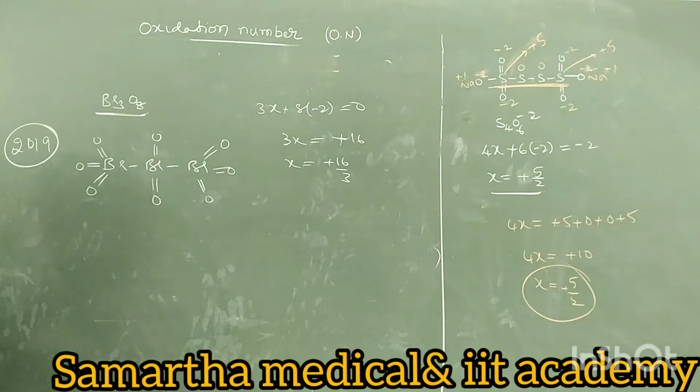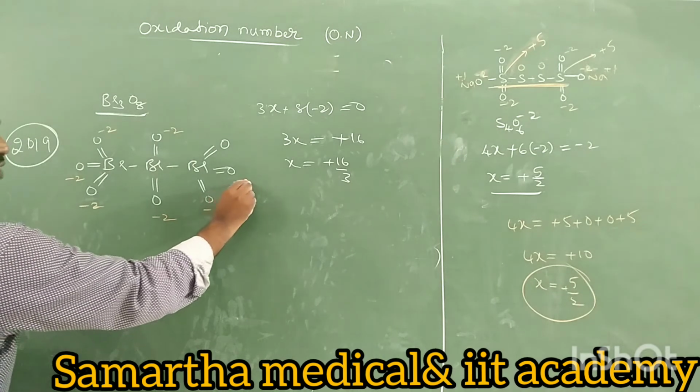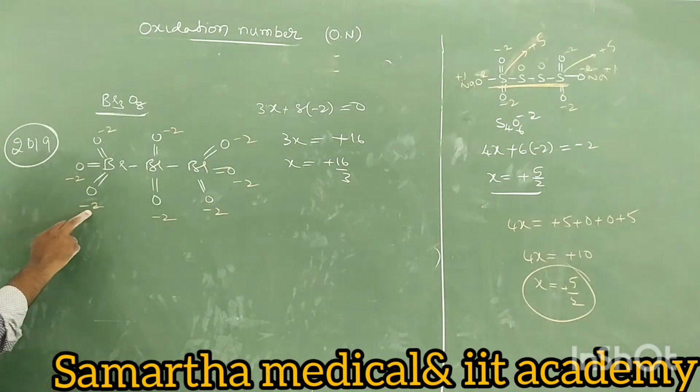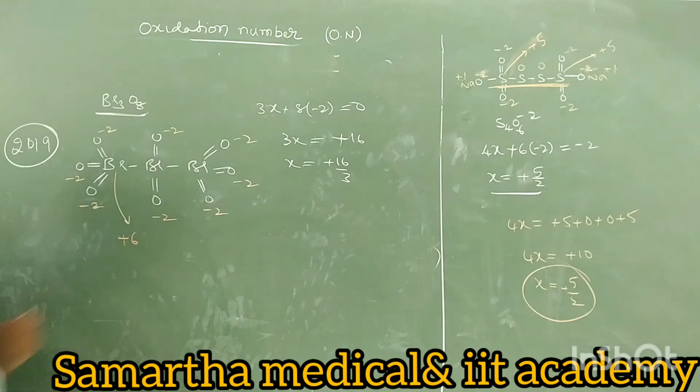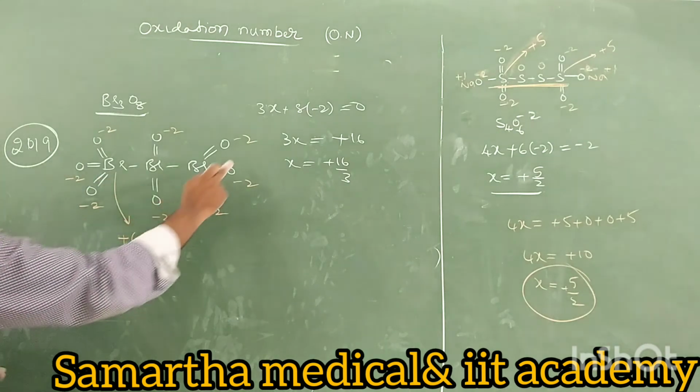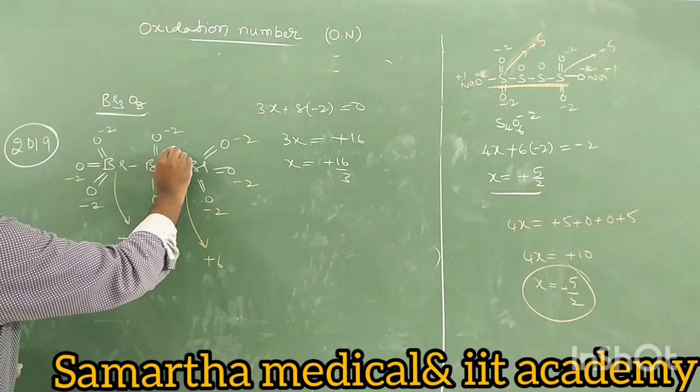Now how do you get x as plus 16 by 3? This is by structure. All oxygens are minus 2. Minus 2, minus 2, minus 2, minus 6, it should be plus 6. Here also it is plus 6, but this one is plus 4.